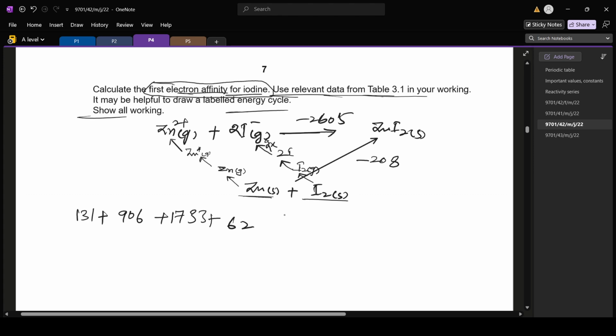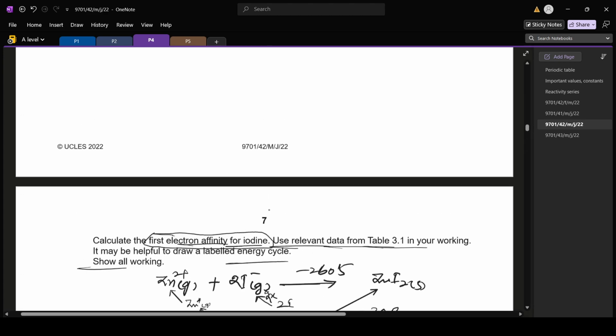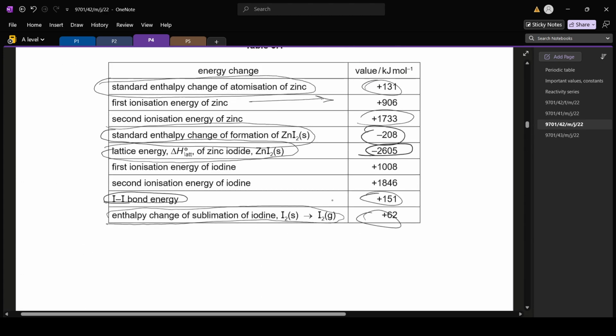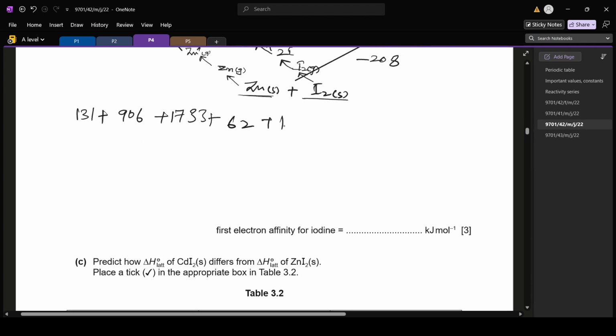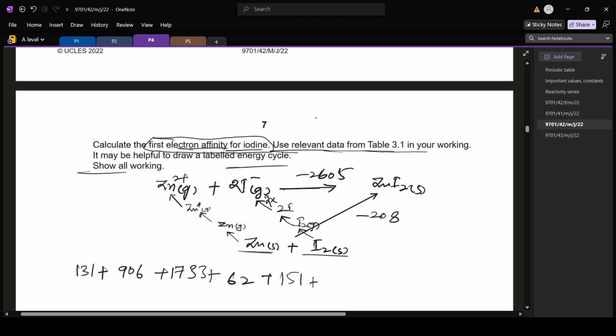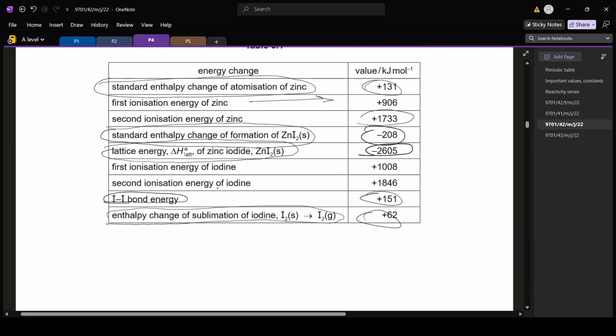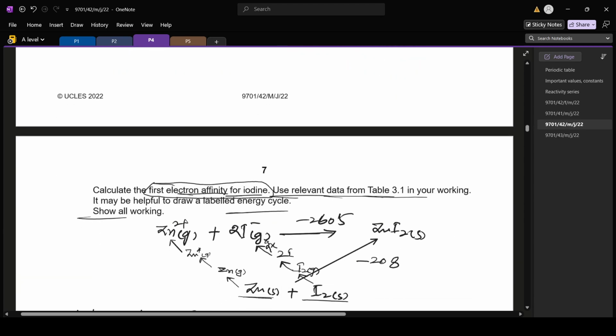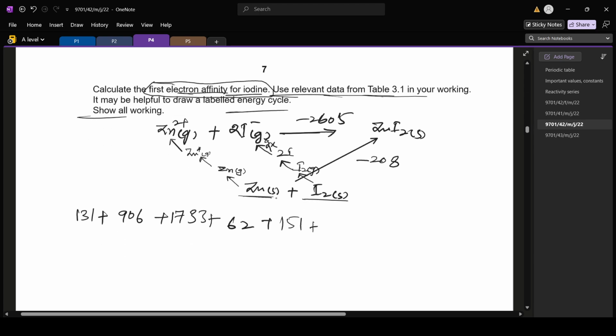Okay, plus the bond energy of iodine, which is 151. Plus we have the first electron affinity of iodine, which we have to calculate. So I am writing this as 2X.